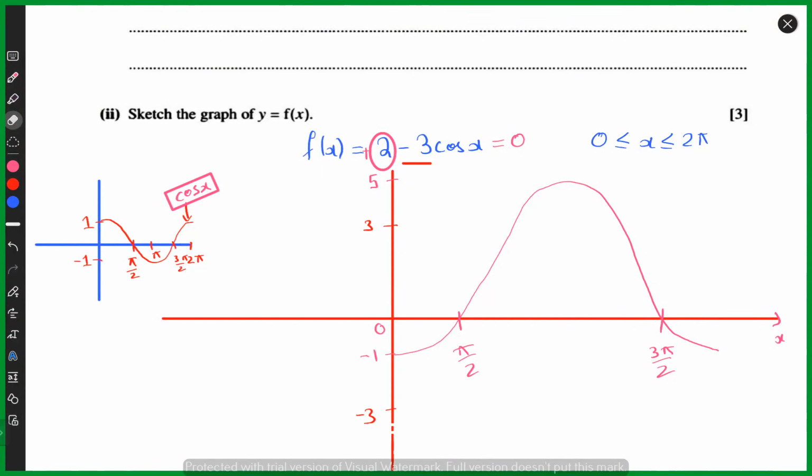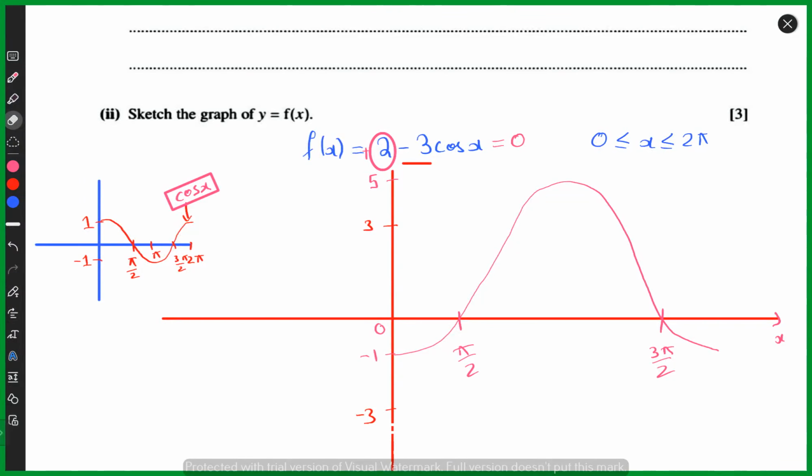Then the second mark is to show that the graph is more above the x-axis and less below the x-axis. And then the last mark says labels not required but must be appropriate if present. Okay, and the last mark is for fully correct curves not lines.